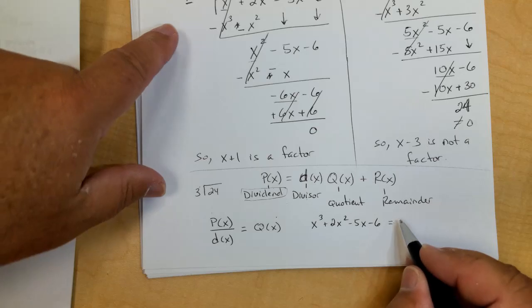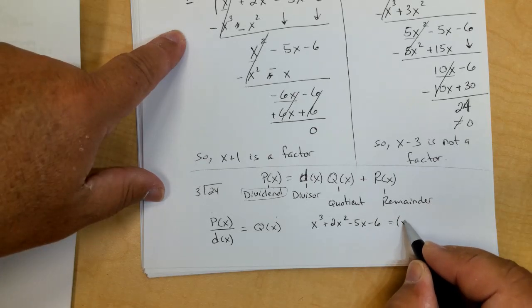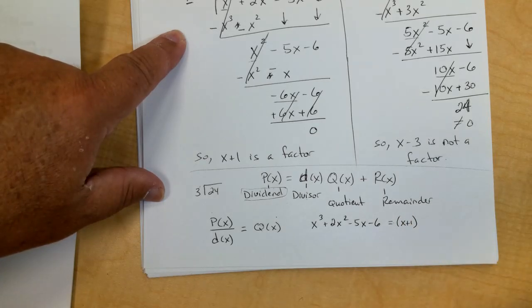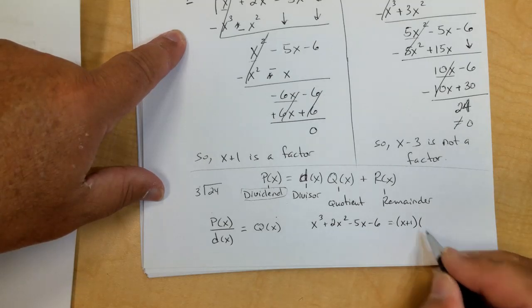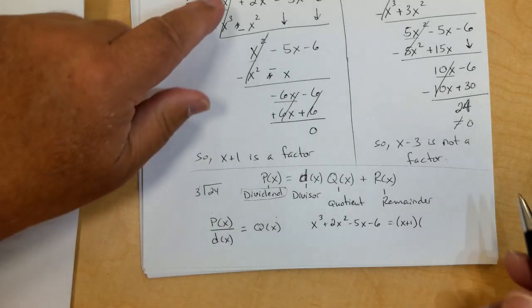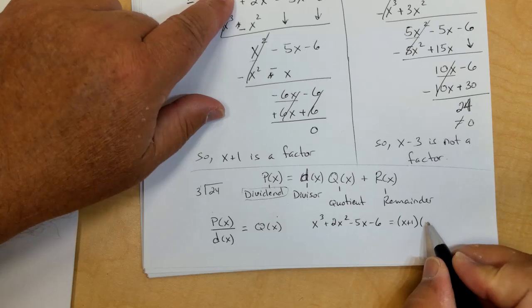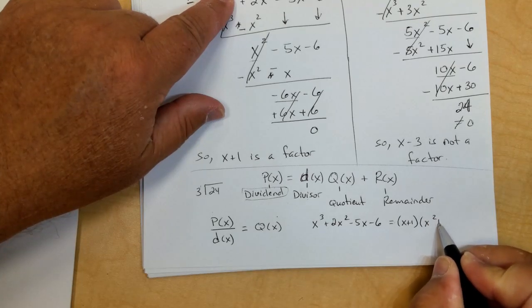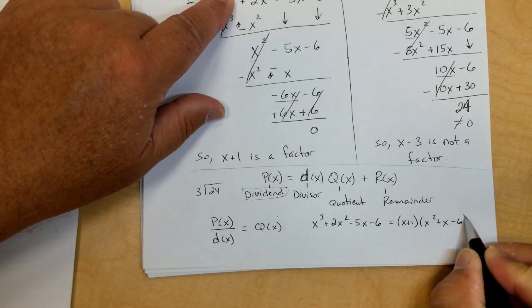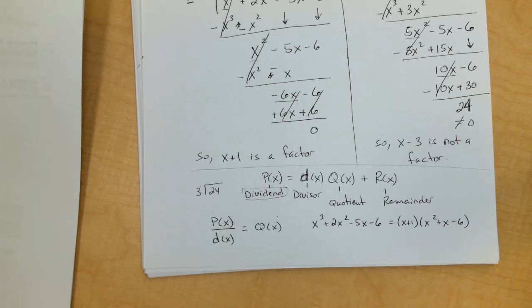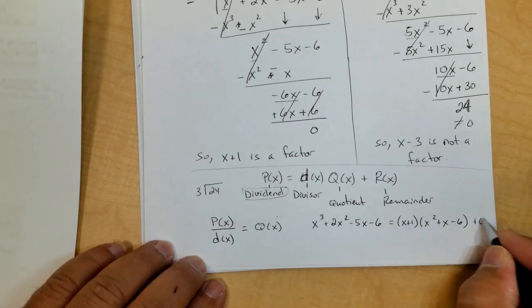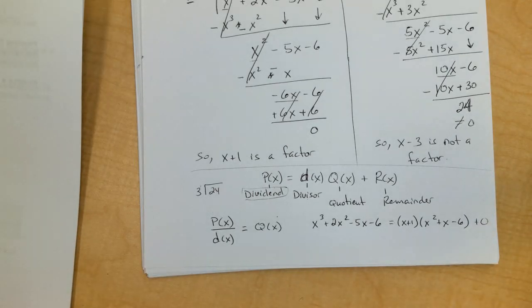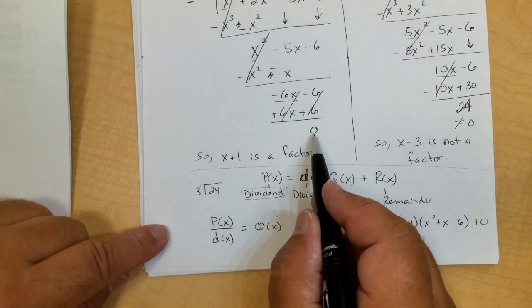The divisor was x plus 1, times our quotient, which is x squared plus x minus 6. So our remainder was 0. That was the first example, because we had a remainder of 0.